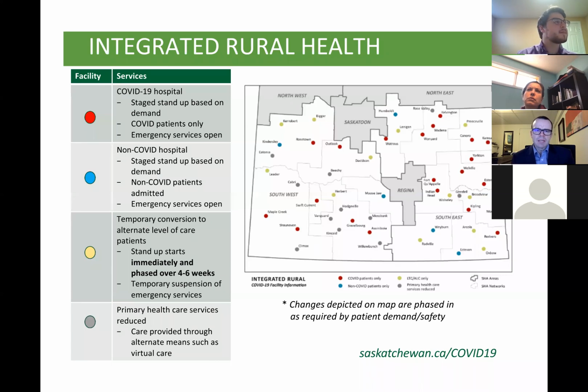Certainly we're trying to balance the dangers on the other side, of ensuring we have appropriate capabilities in these emergency departments to respond to COVID positive patients that might end up on their doorstep, and also getting those people into other centers where they can get the training and orientation and everything they need to be able to address a surge in demand out of those other locations.